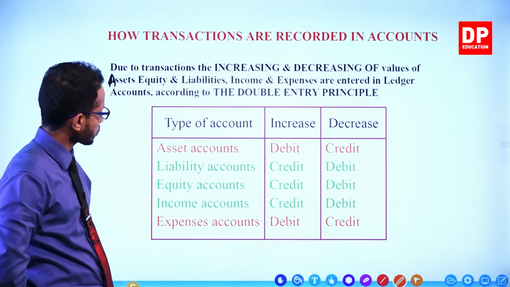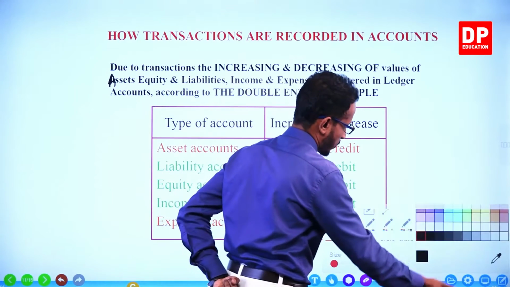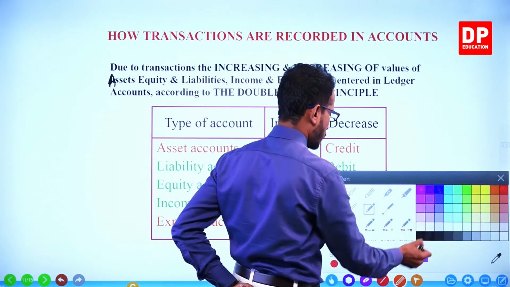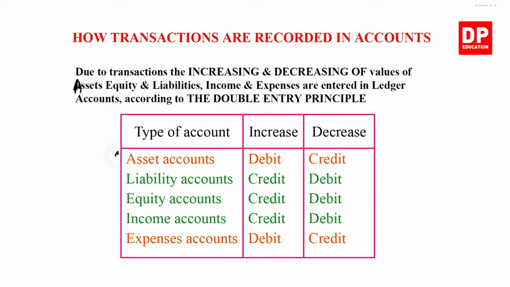Let's see. Children, the types of accounts are given in order. 1. Asset accounts. 2. Liability accounts. 3.